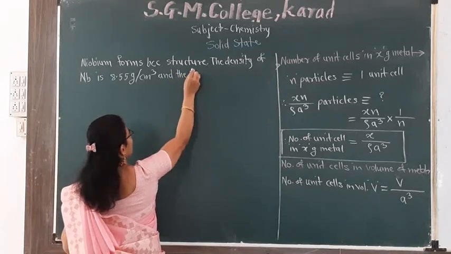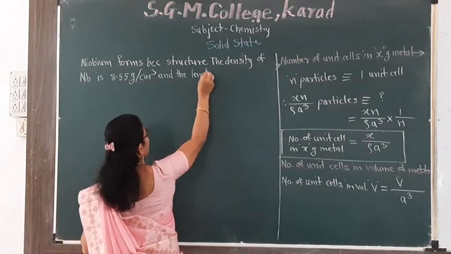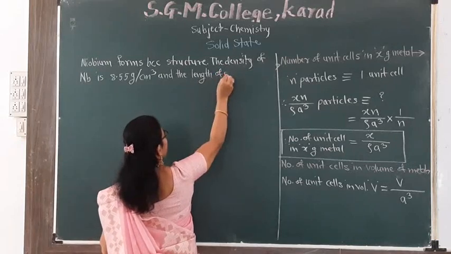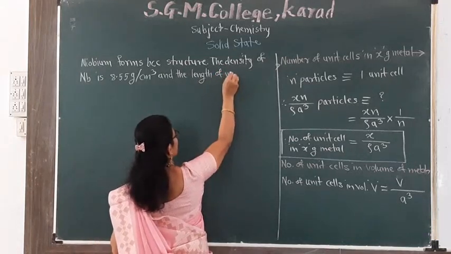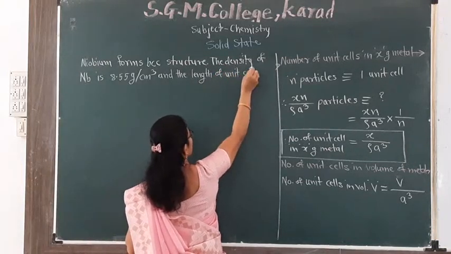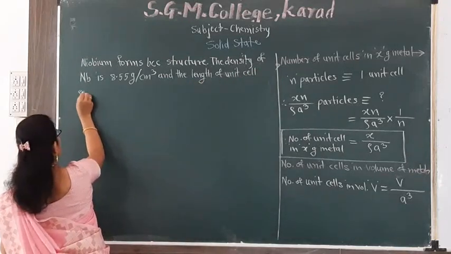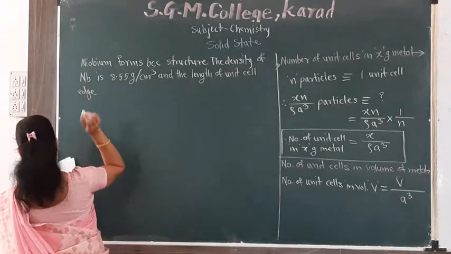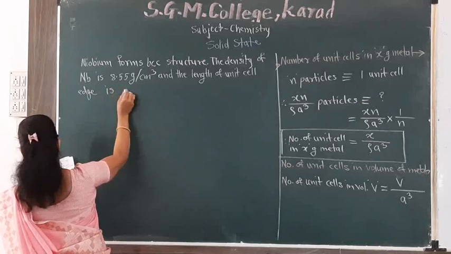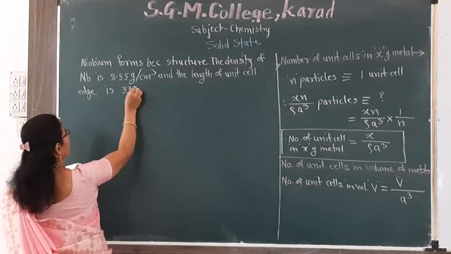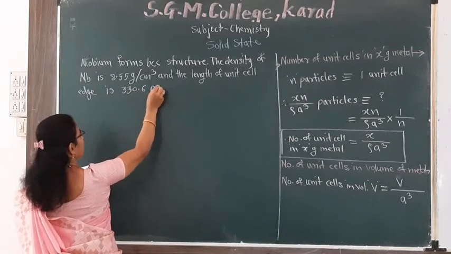the length of the unit cell H is 330.6 picometer.